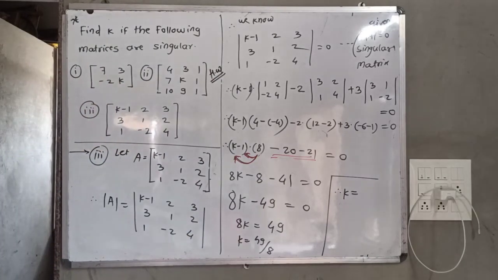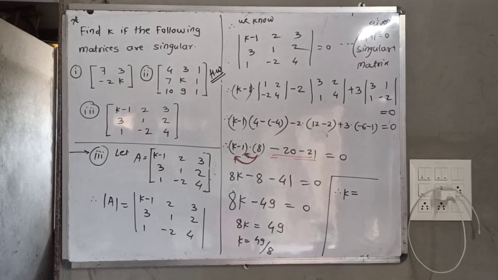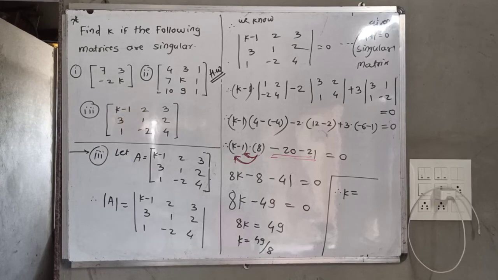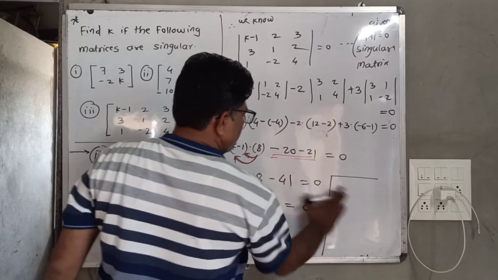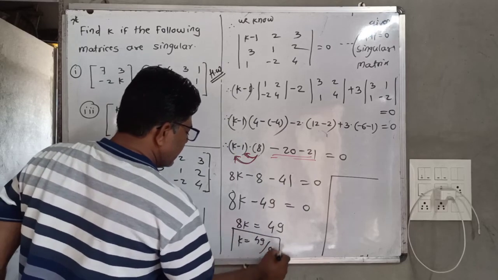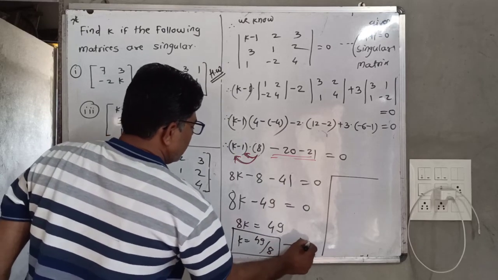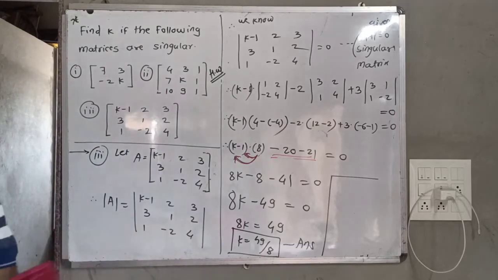This is a sufficient answer, or you can divide it, but there is no need to do the division here. This is the final answer. Okay, just take a screenshot. This type of example you can solve.